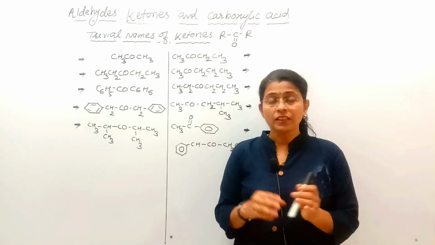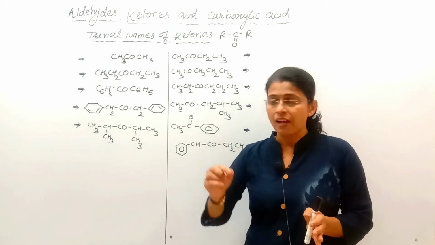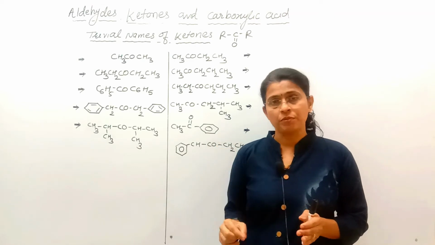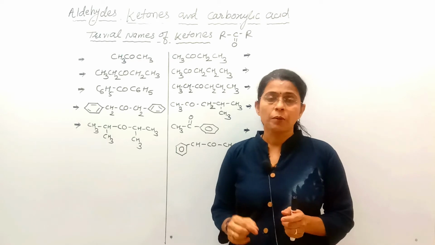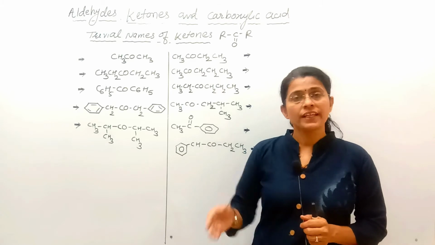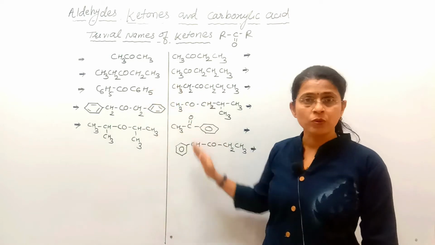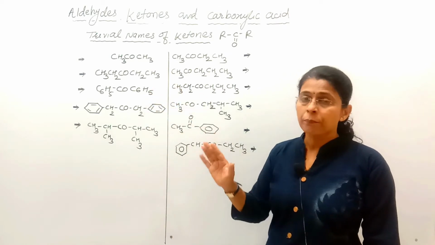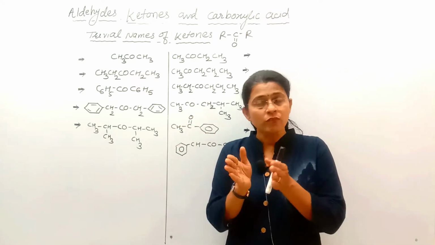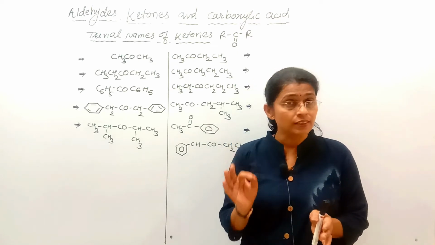But if there are certain substituents, or the alkyl group is substituted with a side branch, then the position of the side branch should be indicated by Greek letters as alpha, beta, gamma and so on. So let's name all these compounds one by one, focusing on the board. Concentrate very carefully and watch the video till the last if you want to understand chemistry in detail and in a proper way.